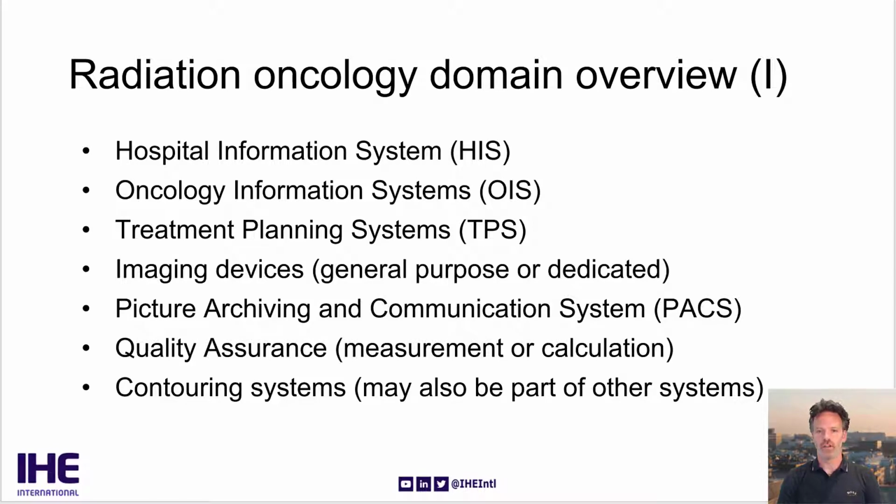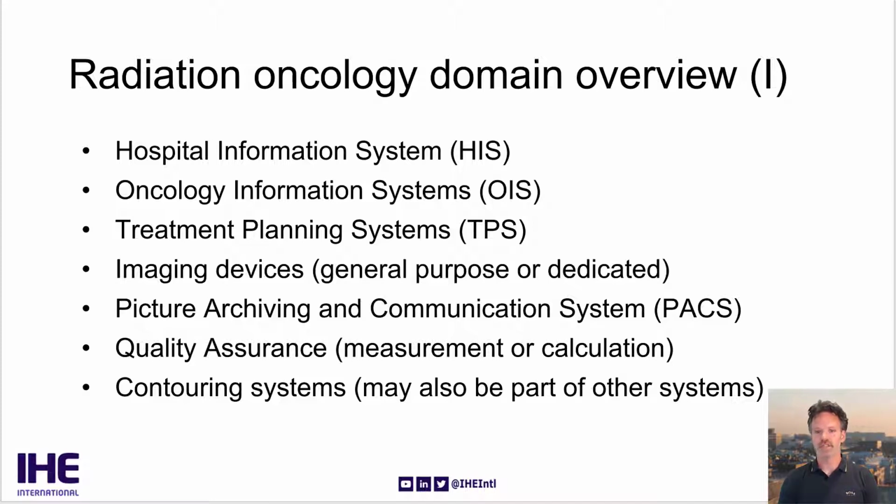There's the oncology information system that deals specifically with oncology and often with radiation treatment specifically as well, around scheduling of treatments and all the workflows that are necessary. There's also the treatment planning systems that deal with the details of exactly how the treatment is set up. If it's for external beams, it's the parameters for the machines. And similarly for brachytherapy as well, defining dwell points and all the parameters for the delivery systems.